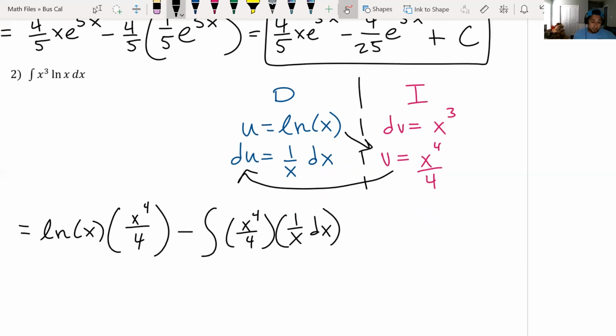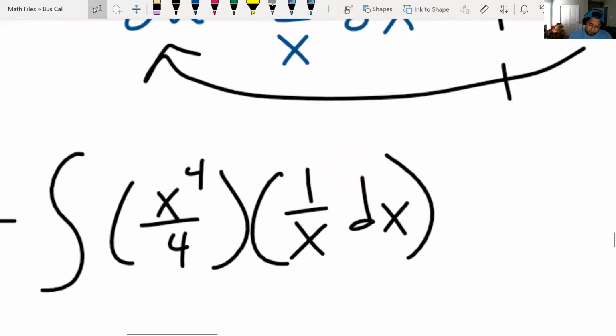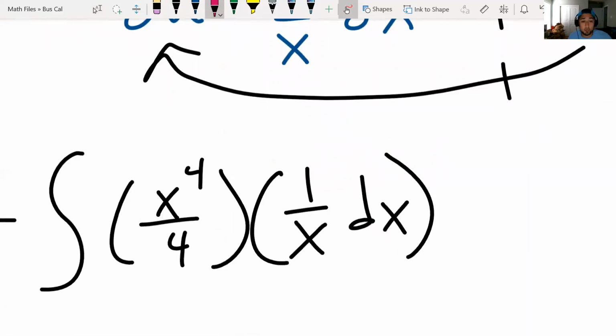Cleanup time. Let's make this look pretty. This on the left side becomes 1/4 x to the 4th natural log x. So that's what that becomes. Minus, we have some cleanup over here. Watch this. So this is x to the 4th over 4 times 1 over x.